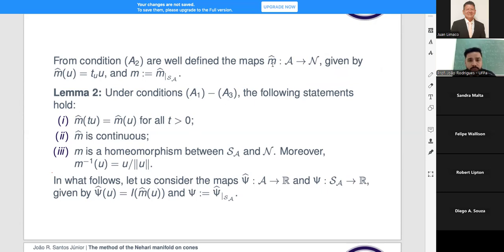We can define this function m as the restriction of m hat to the set S_A. You can prove that this function m is a homeomorphism, and we can show exactly what the inverse of the function m is in this case.